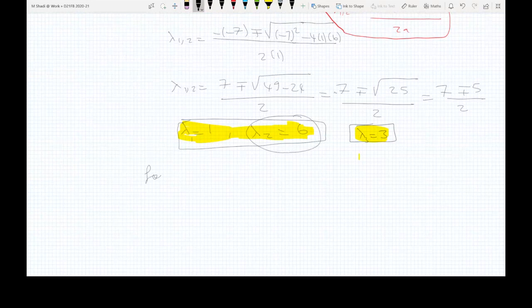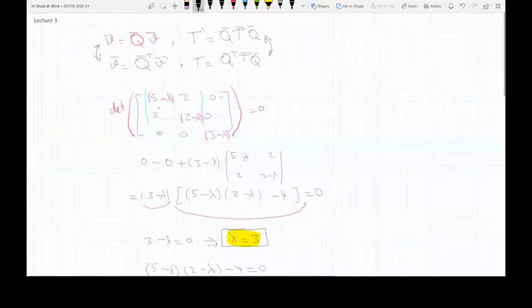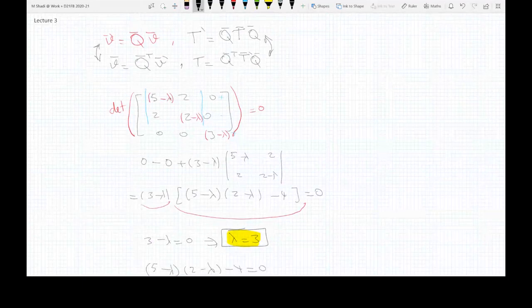So for lambda 2 equal to 6, I go back to this matrix and I replace lambda with 6. This is the value I'm considering for the eigenvalue. So I'm just going to replace this lambda with 6 and find the normal direction that would correspond to that.